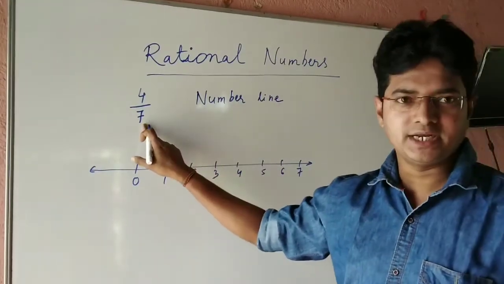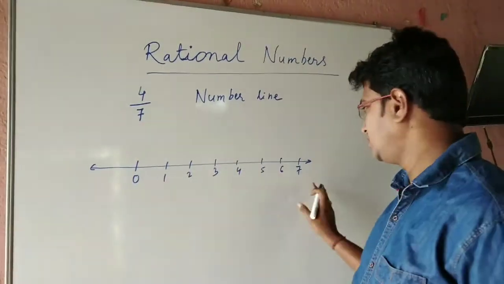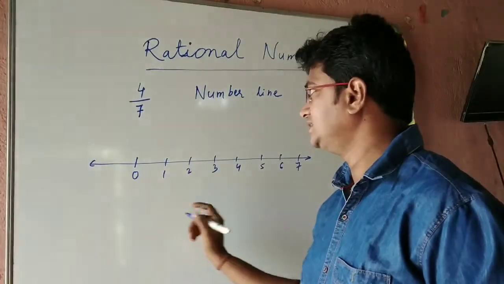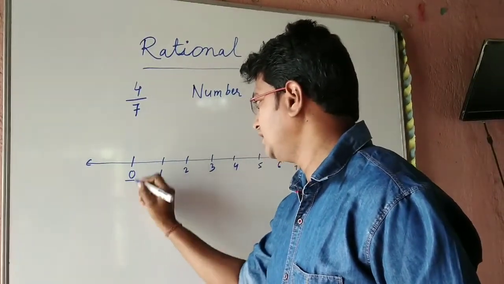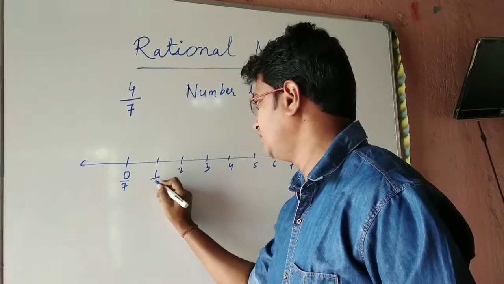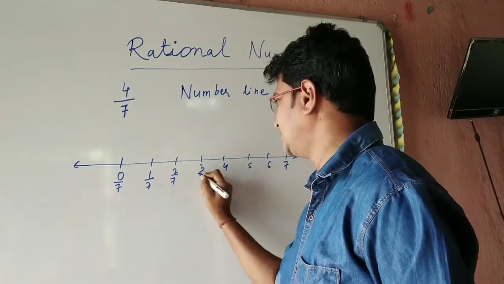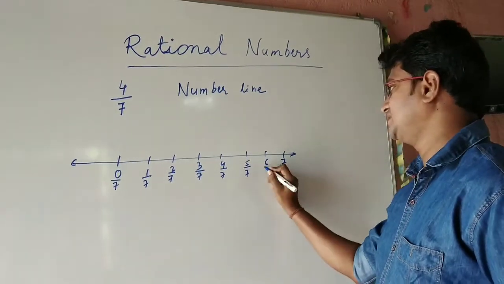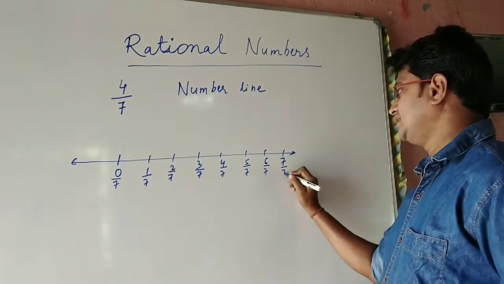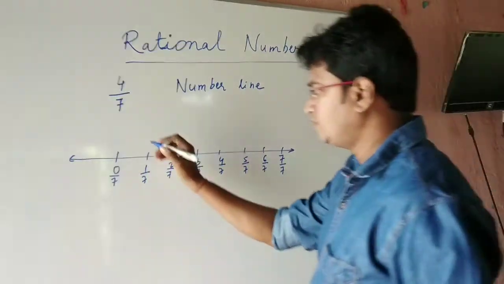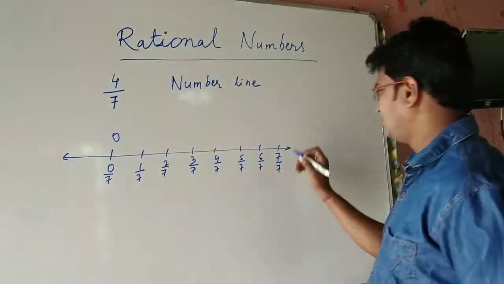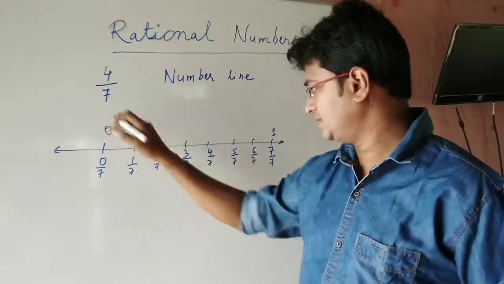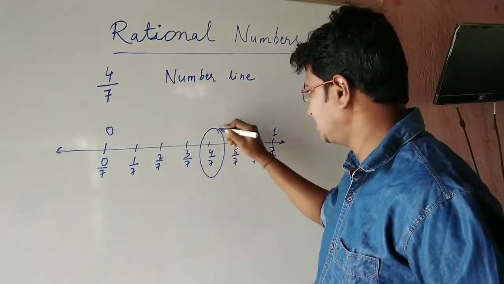Whatever the denominator is, based on that you divide it into that many equal divisions. Now 0 by 7, 1 by 7, 2 by 7, 3 by 7, 4 by 7, 5 by 7, 6 by 7, 7 by 7. 0 by 7 is 0, 7 by 7 is 1. What was asked to represent? 4 by 7. So this is where 4 by 7 is, and this becomes the answer.